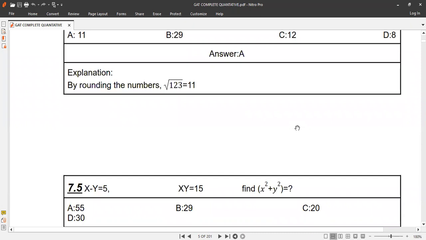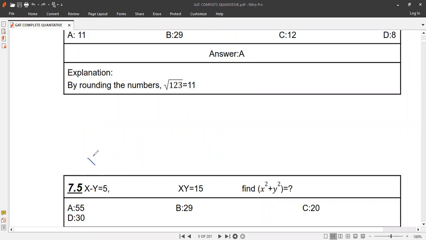So here in this case, we need to remember a rule that has these values or these quantities. If you remember, here we have x minus y equals 5.